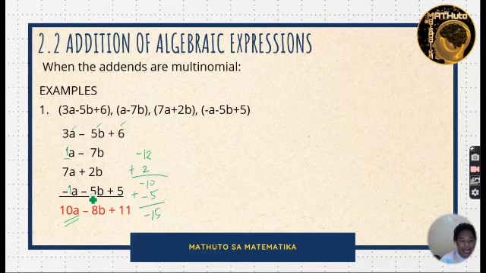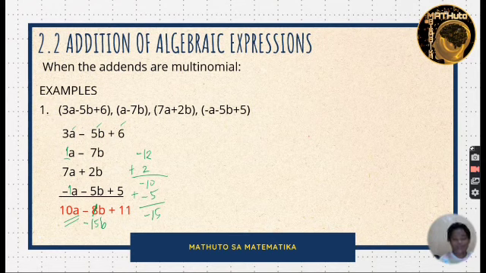So it should be negative 15b. Since negative 5 plus negative 7 is negative 12, plus 2 is negative 10, since unlike signs. Then plus negative 5, they are like signs, so we add and copy the negative sign.